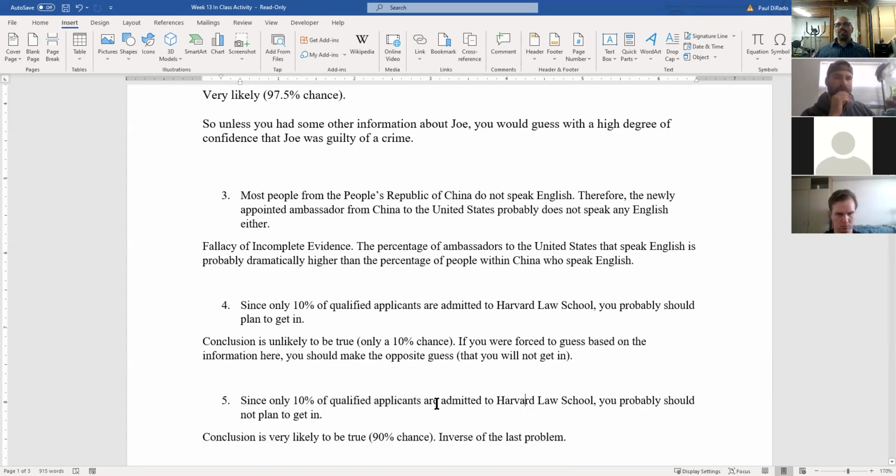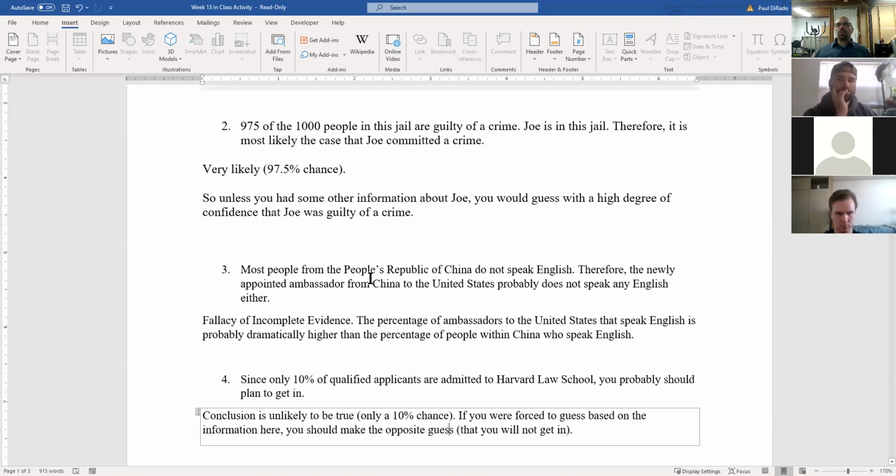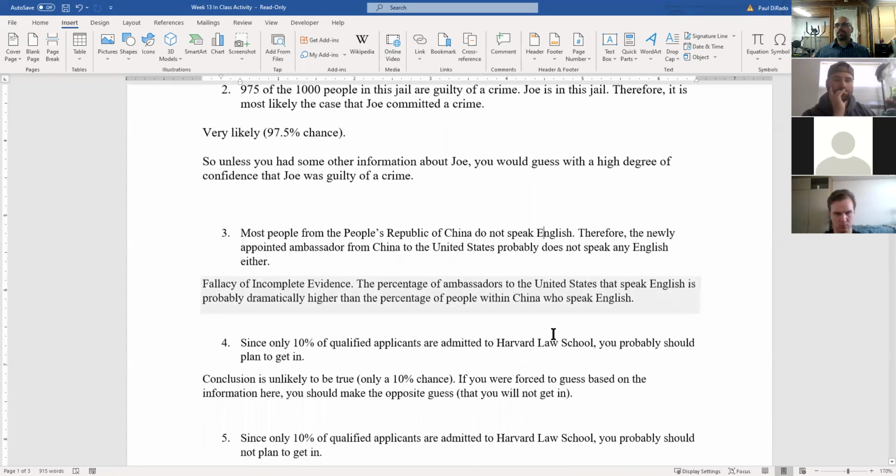So going back to 4, here's how they're different. In 4, we're saying that this percentage is applicable, just that it doesn't lead to the conclusion. Here, we're saying that this statistic just isn't applicable. All right. So let's do one more example of these. So number 6.